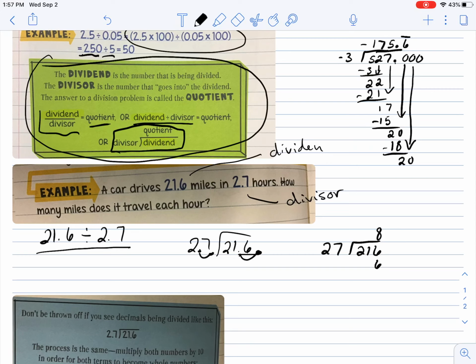Carry the 5. 8 times 2 is 16 plus 5 is 21. What we notice is that this one goes to 0 and terminates. We do have a bunch of zeros here that we could bring down, but since we're at 0, we don't need to continue any further. So there we have our answer. They're going 8 miles per hour.